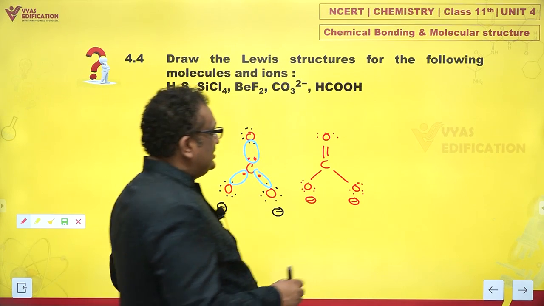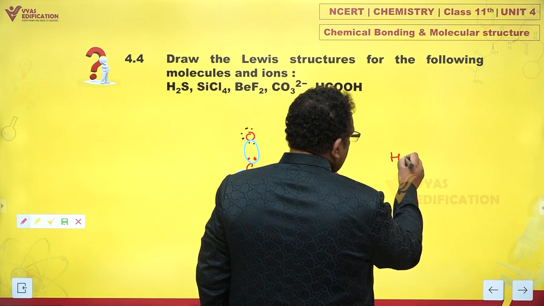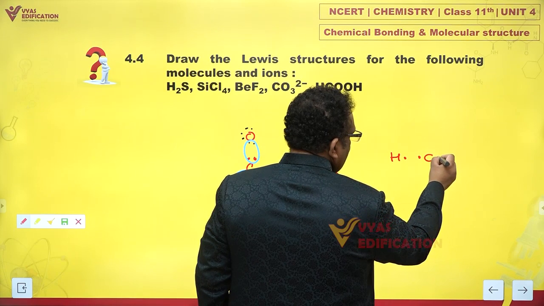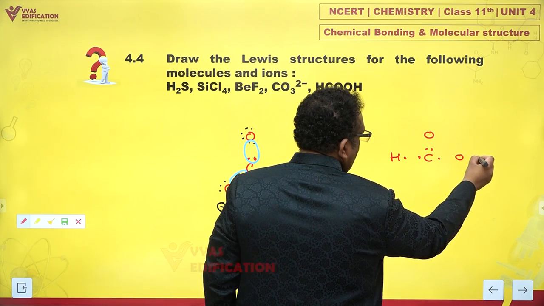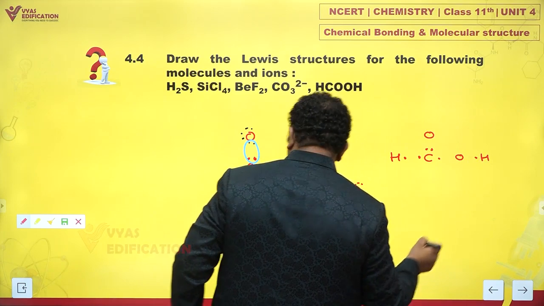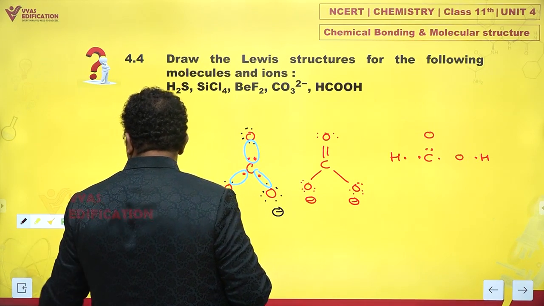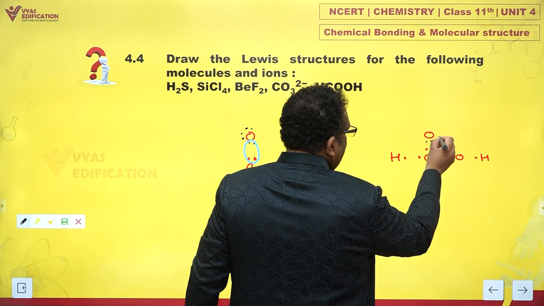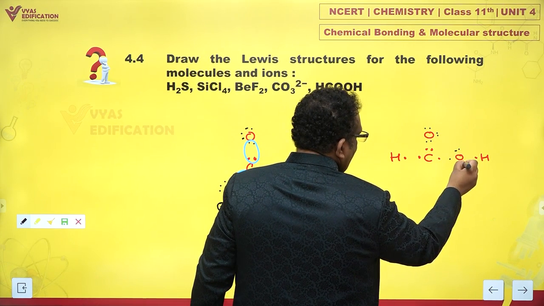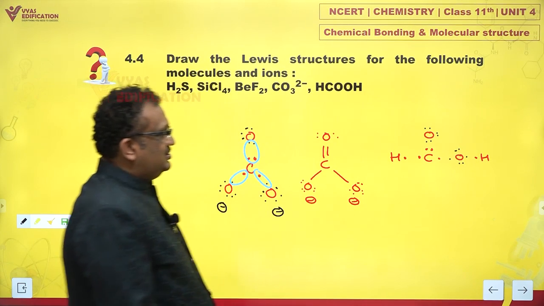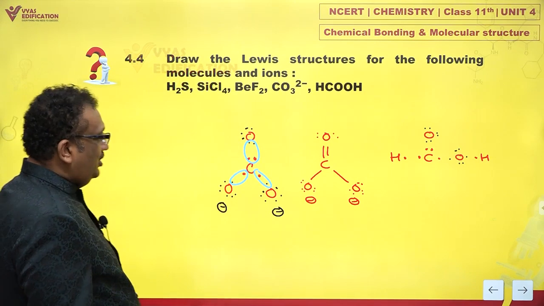Last one, formic acid, HCOOH. Each oxygen has 1, 2, 3, 4, 5, 6 electrons like this. And how do we form bonds?